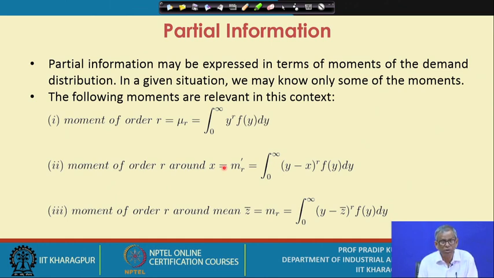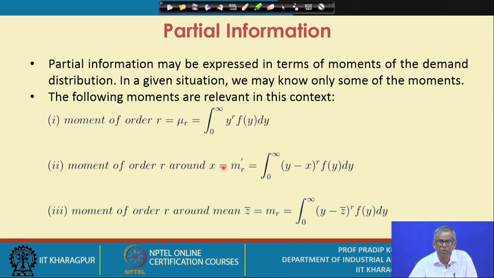The students who are not aware of the moments of the distributions, please refer to any textbook on probability and statistics and go through them, and I am sure that you will have a proper understanding of the moments of the distributions. Again, we will refer to the basics of the moments of the distributions in this lecture session.